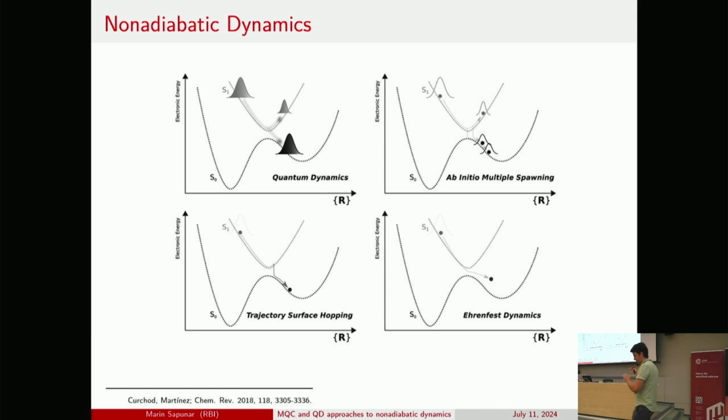So if you fully converge your results, you have exact solutions. You can make some smaller approximation, and then trajectory surface hopping is kind of the biggest approximation that you can make that still usually gives you correct results. So it's the lowest step on kind of the rung of these methods.